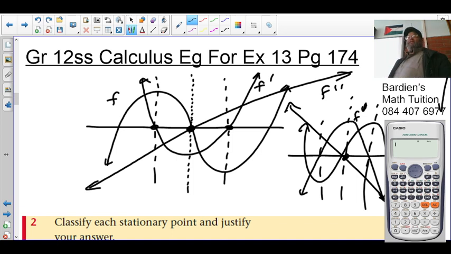Very important to make that link between those x values.